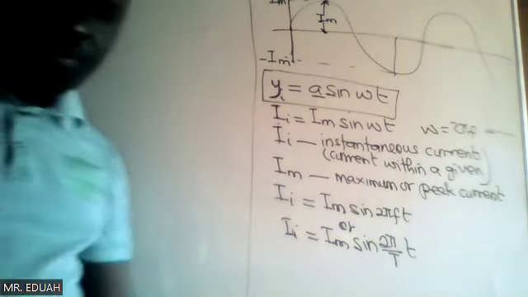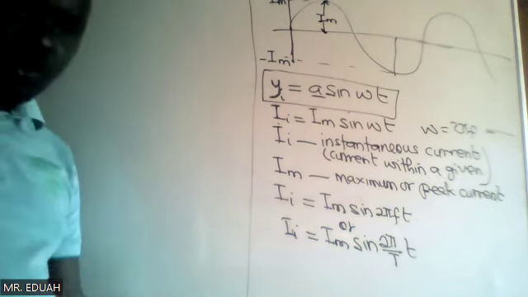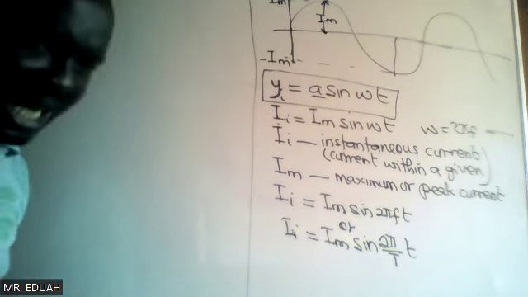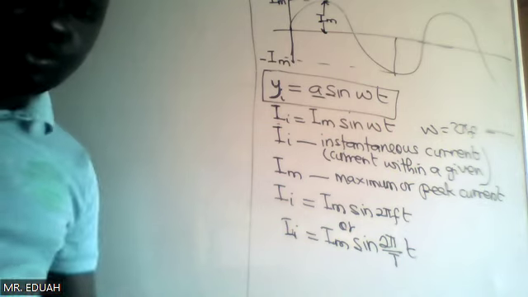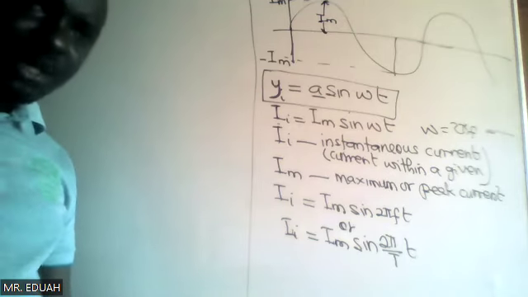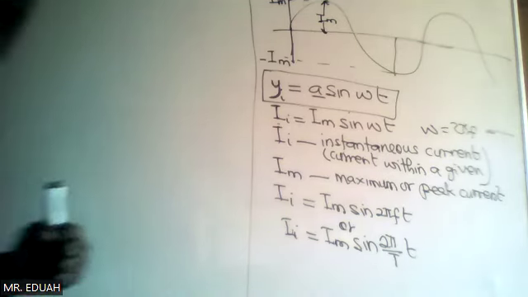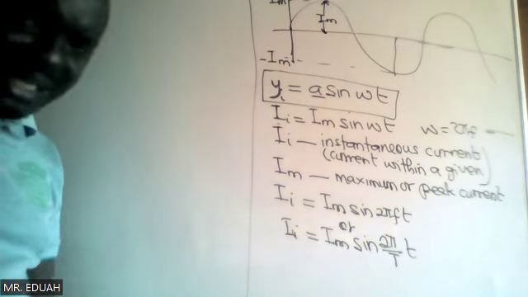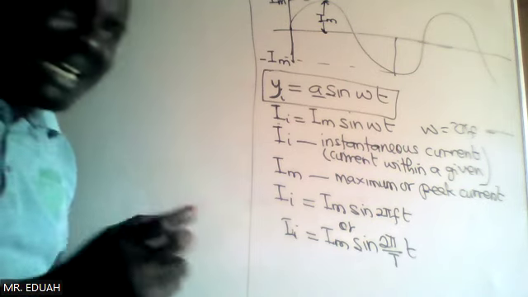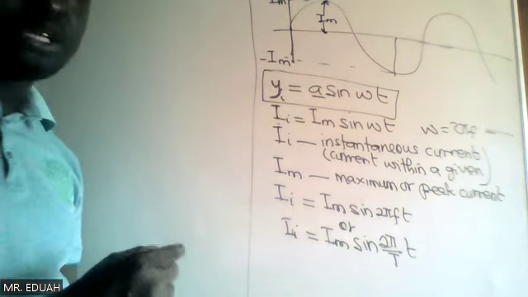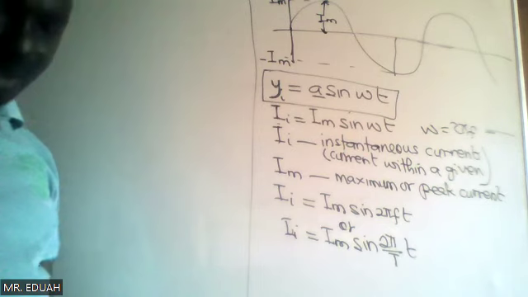Now, whenever current flows, there must be a voltage. The voltage is the pressure. Current is similar to flow of water. The voltage is similar to the pressure which pushes the water. The resistance is similar to the diameter of the pipeline or of the tube within which the water flows.